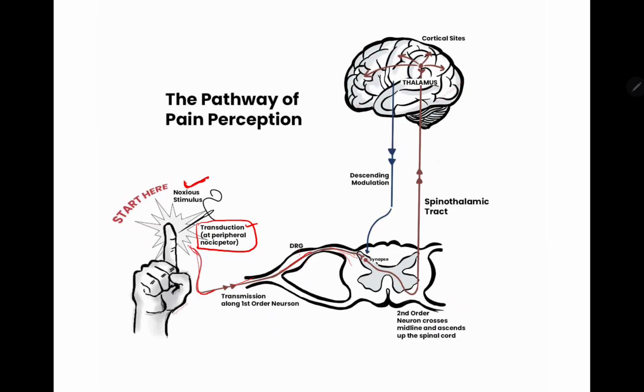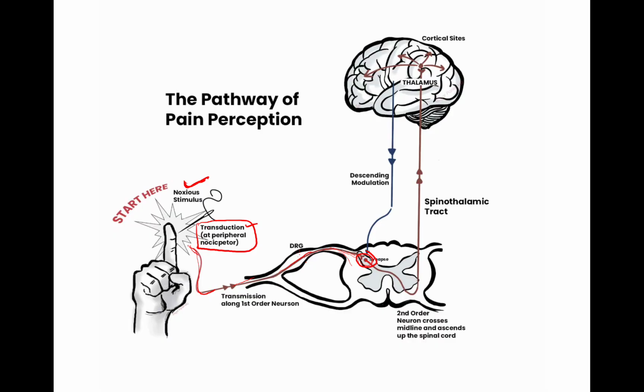Synapse in the spinal cord. In the spinal cord, the first neuron hands off the signal to the second neuron at the synapse. This is the first one, this is the second one. It will pass it on to the second order neuron at the synapse.